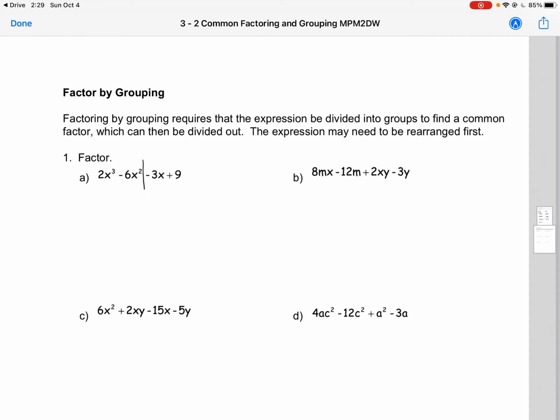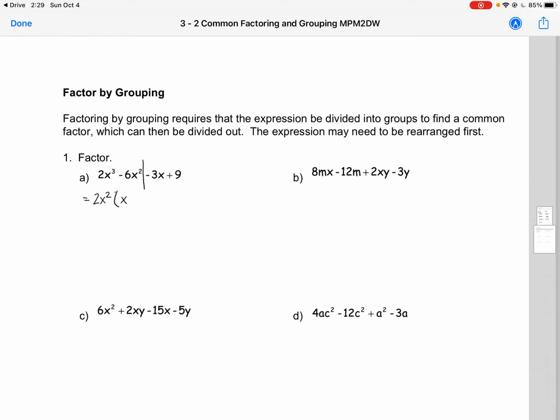I'm going to divide these first 4 terms into 2 groups. My first 2, I'm going to notice that I can take out 2x squared from both those terms, which means I can rewrite those first 2 terms with x minus 3.